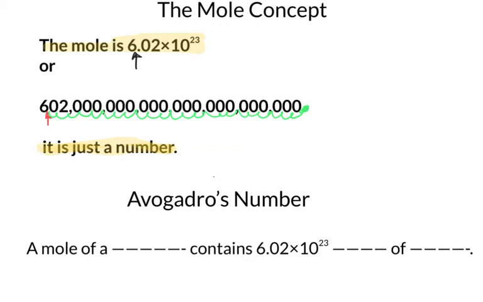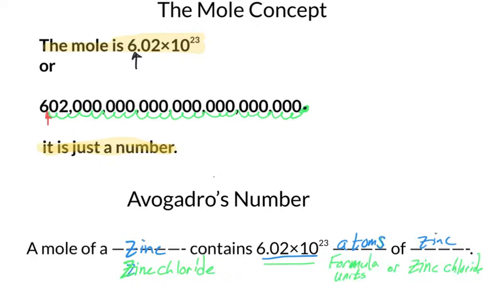And here's an example of how to say it in a different way. So I can say a mole of zinc contains 6.02 times 10 to the 23rd atoms of zinc. I can say a mole of zinc chloride contains 6.02 times 10 to the 23rd formula units of zinc chloride.